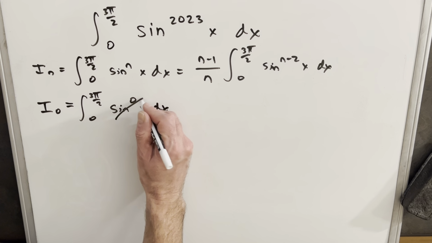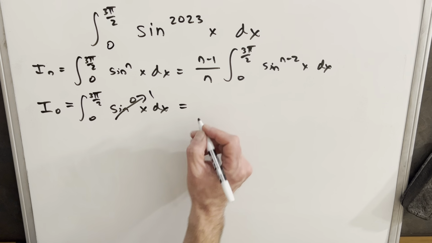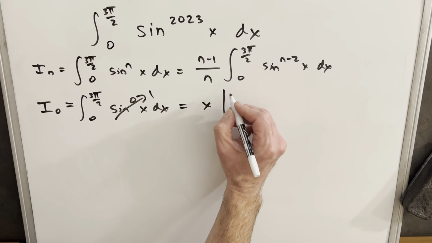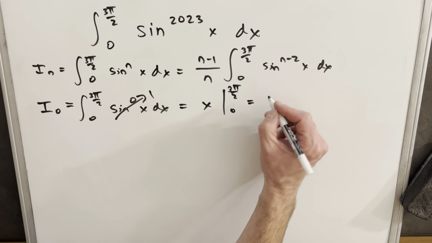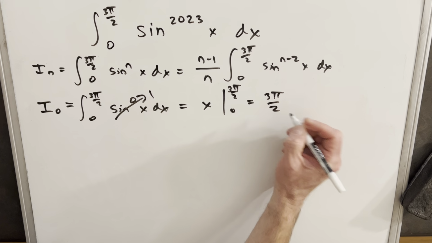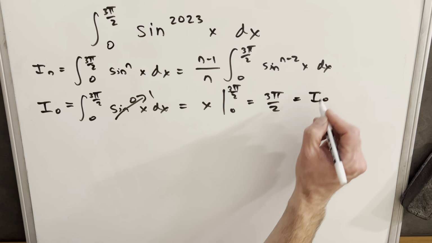Well, sine to the 0 is just 1, so we're just integrating 1. We know how to do that. That's going to be x evaluated from these bounds, which is just 3 pi over 2 minus 0, which is 3 pi over 2. So this is our I sub 0 value.